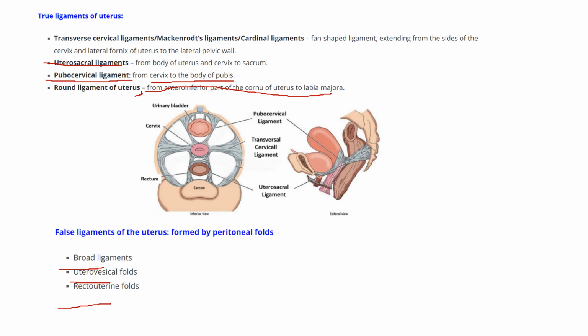It is basically a fold of peritoneum. I'll brush up the knowledge regarding the peritoneum. Peritoneum is basically a thin serous membrane which covers the entire GIT, and the broad ligament is also part of the peritoneum. It is basically a fold of peritoneum like the mesentery.